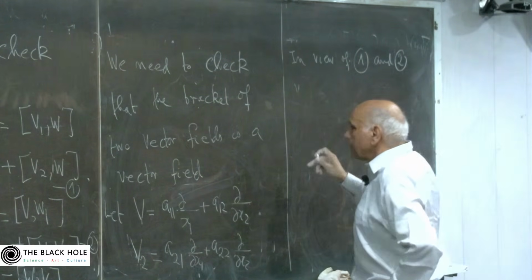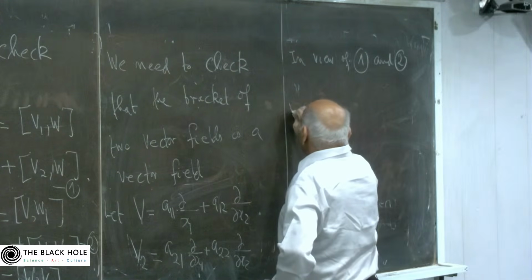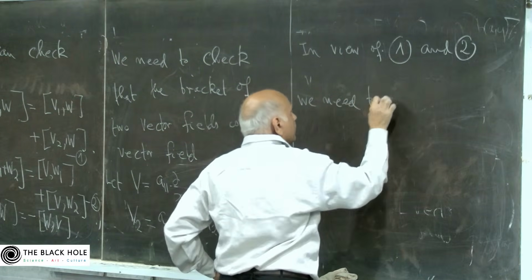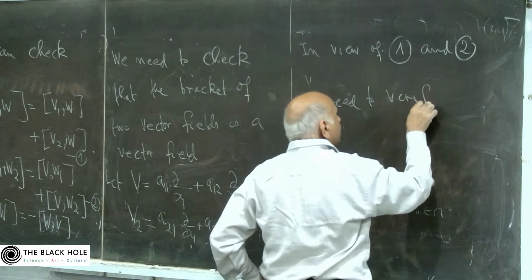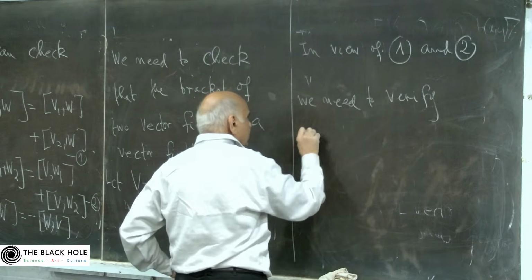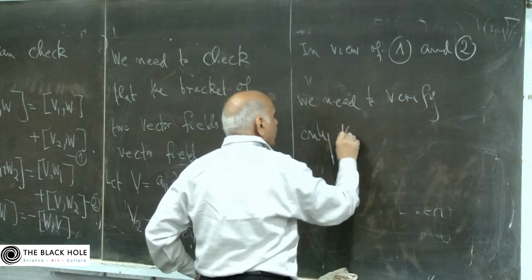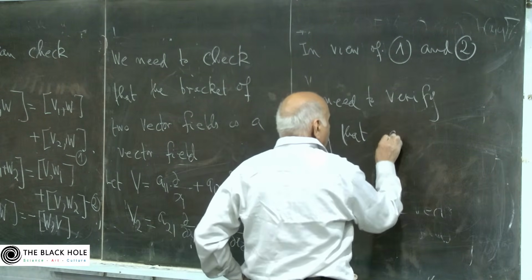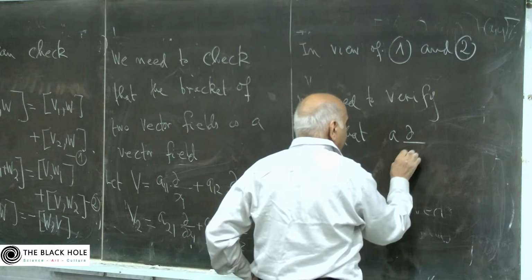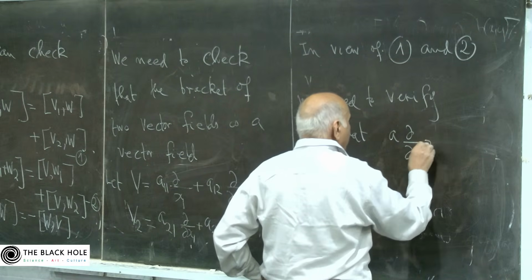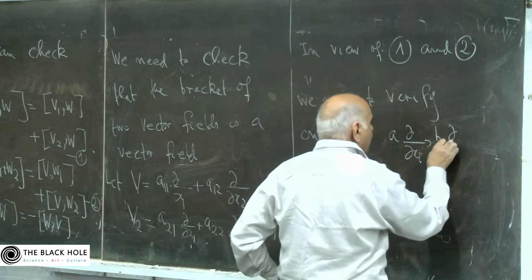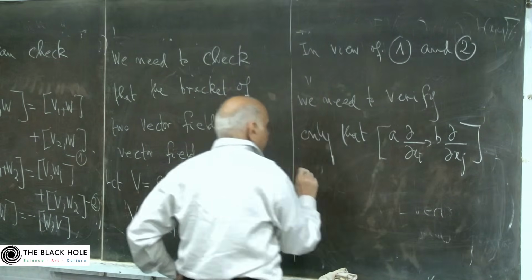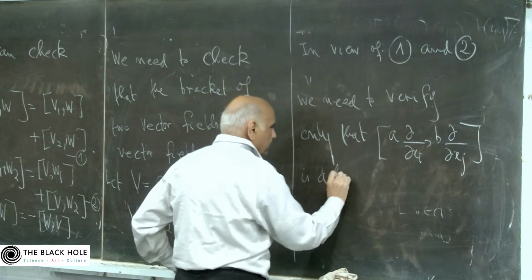we need to verify only that A times partial by partial xi bracket B times partial by partial xj is a linear vector field.